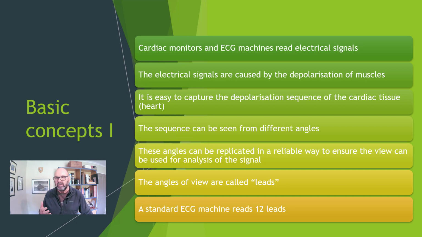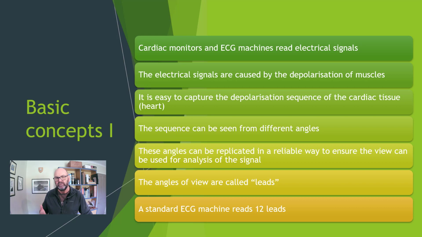Because the cardiac depolarization sequence is predictable and is repeated within the cardiac cycle time and time again, the cardiac monitoring equipment will also show a predictable and repetitive waveform if everything is going well. The electrical sequence can be seen from different angles, and although the various angles may appear to have different shapes, they are all describing the same event.